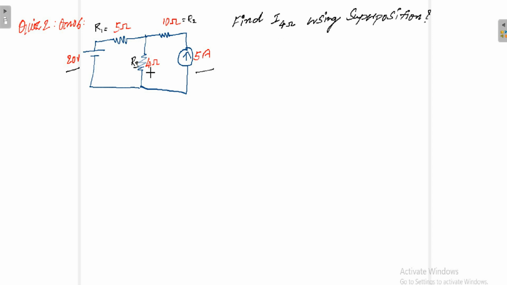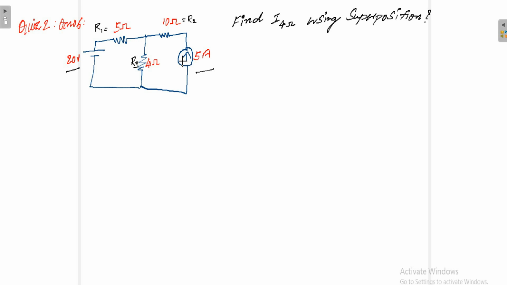So what are the steps we need to follow for finding the response across any element? We have to consider only one source at a time, and all other sources are replaced with their internal resistances. They haven't specified the internal resistances of the voltage source and current source.